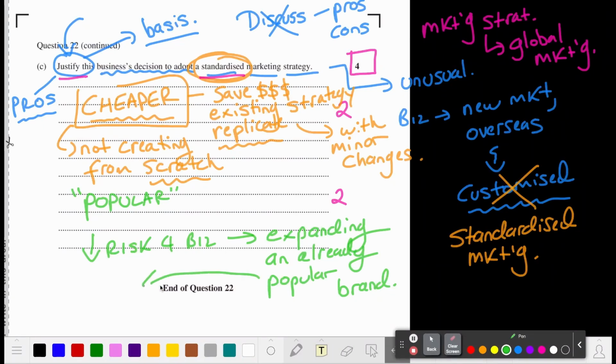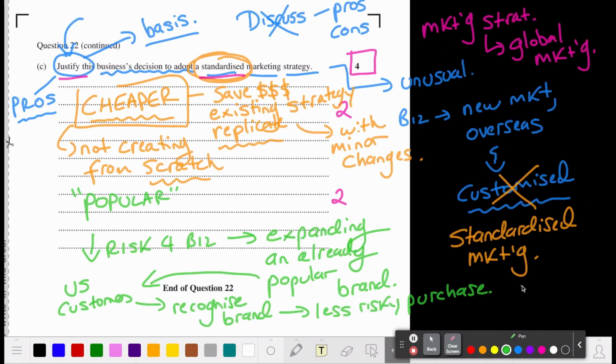For customers, so US customers, they will recognize the brand because it's a popular one, and then it would be a less risky purchase. And that could help to increase sales as part of that expansion strategy. So those would be two things that I would include.